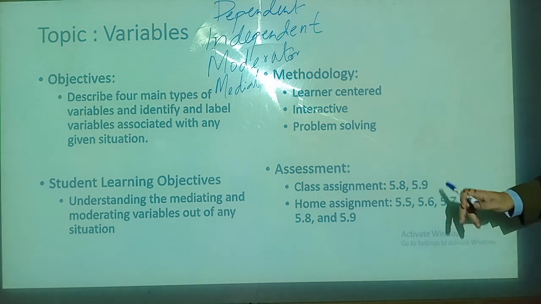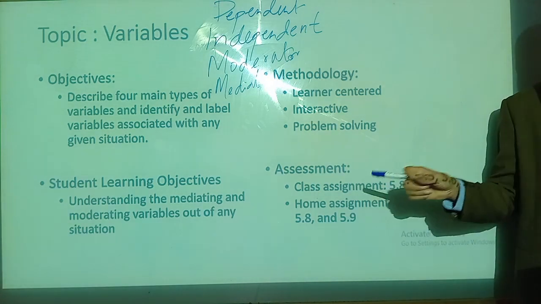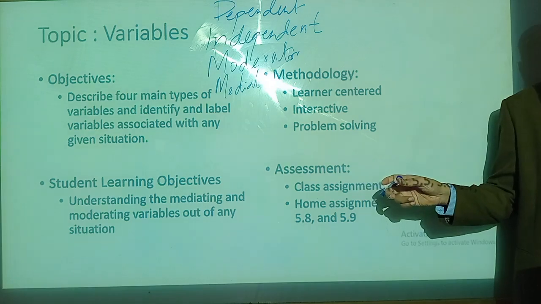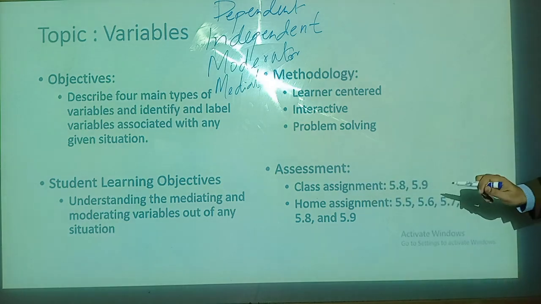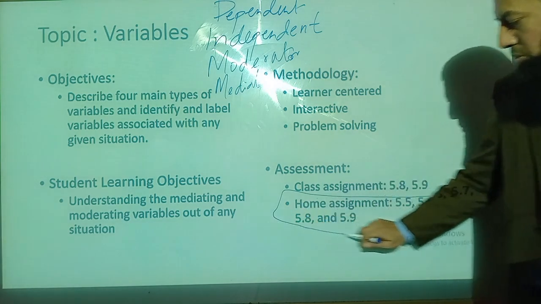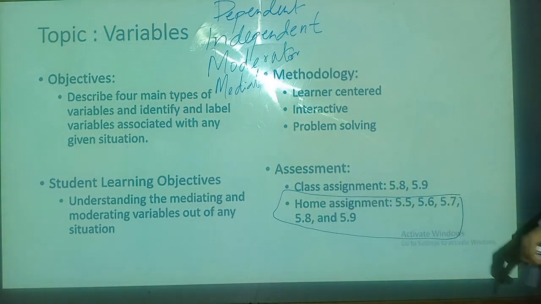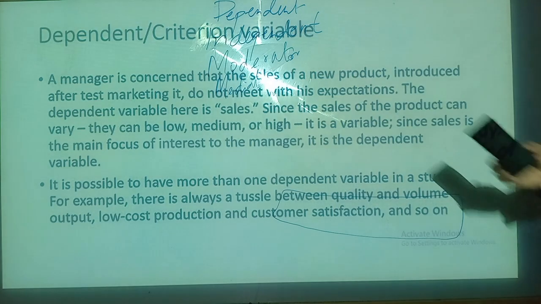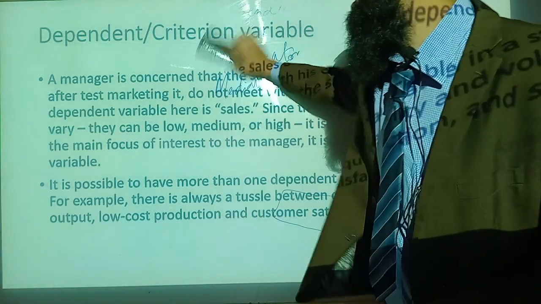You may write it down, or I think I already shared this presentation. So these are the class assignments, home assignments. These are the home assignments which you are supposed to bring in the next class, the upcoming class. You may see it in the presentation. The presentation has already been shared.